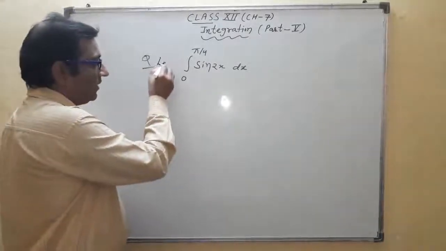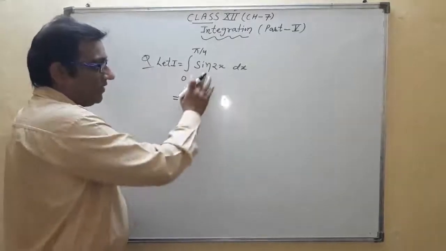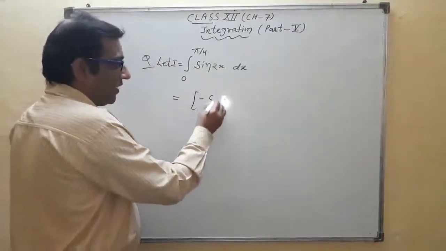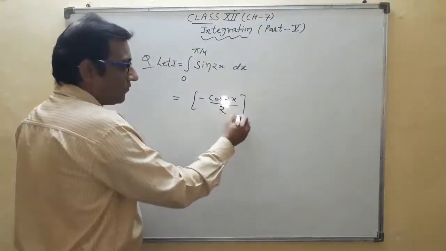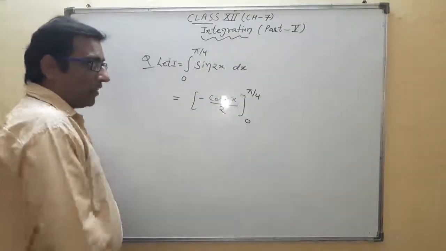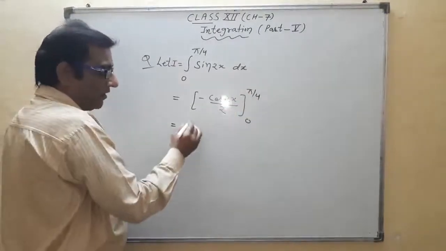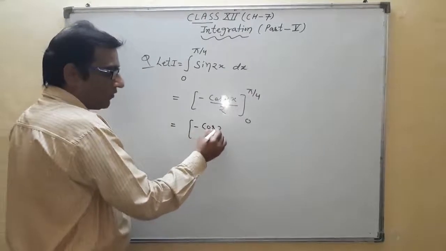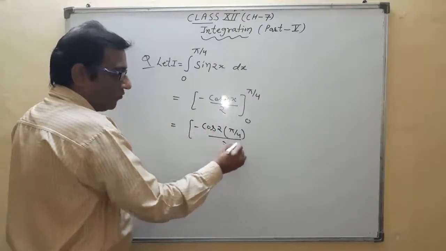First we write let I be the integral of sin 2x, which is equivalent to minus cos 2x upon 2, from 0 to pi by 4. After this, we apply the upper limit first, so it can be written as minus cos(2 times pi by 4) upon 2.